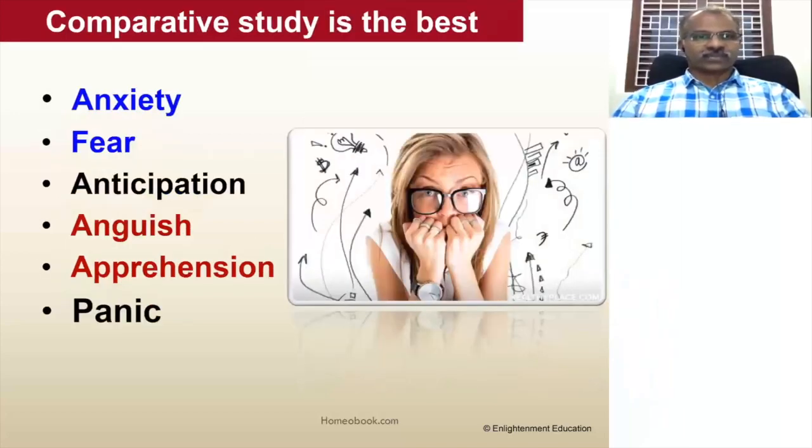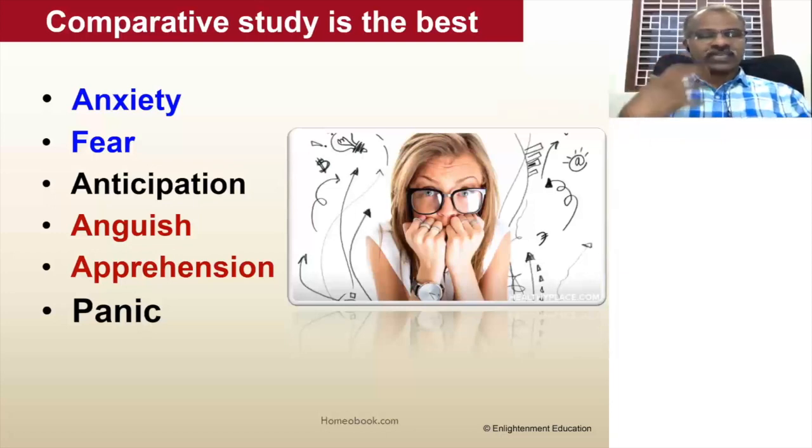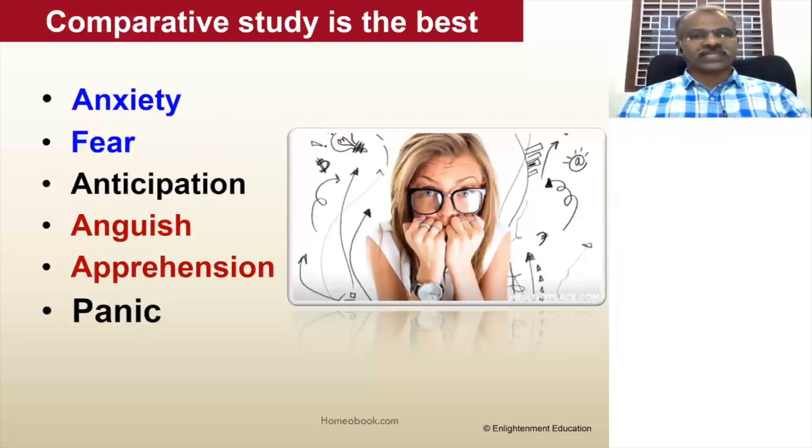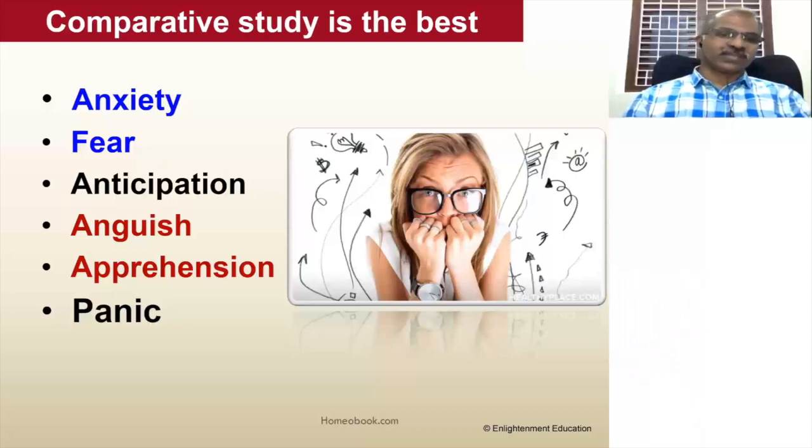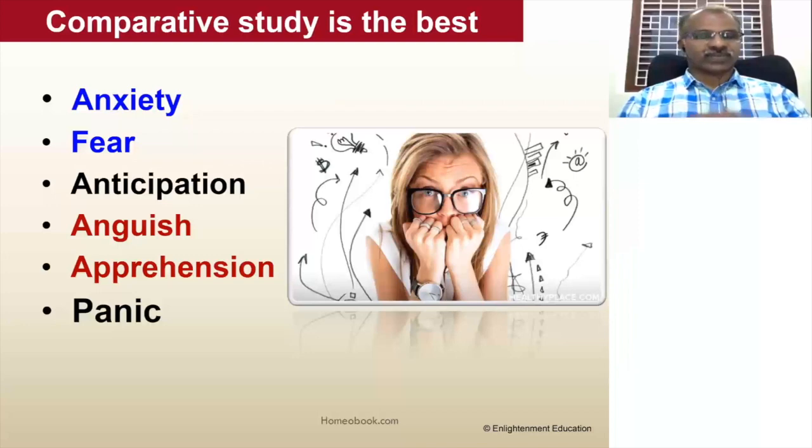Now the next rubric. Why I am saying that the comparative study of the rubrics is the best approach? Otherwise, it is very difficult to select the required rubric. I will give one example: anxiety, fear, anticipation, anguish, apprehension, and panic.